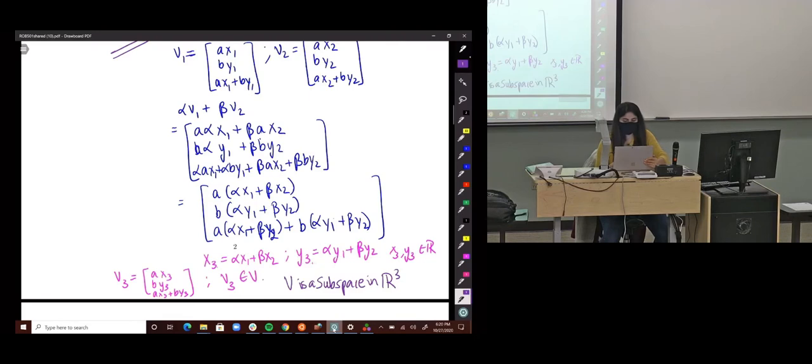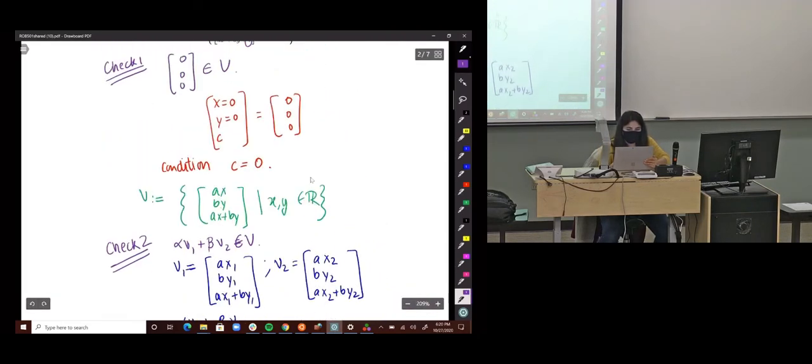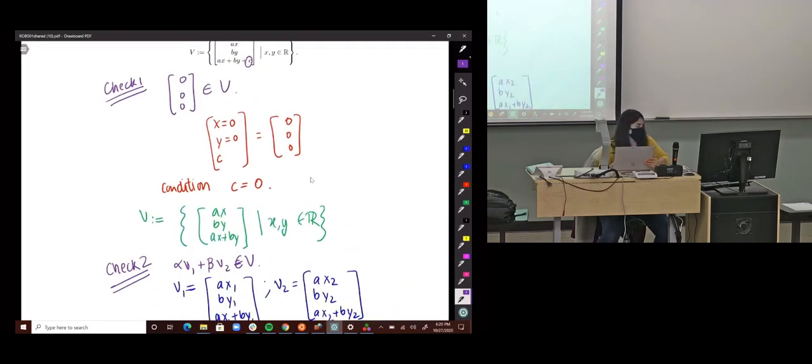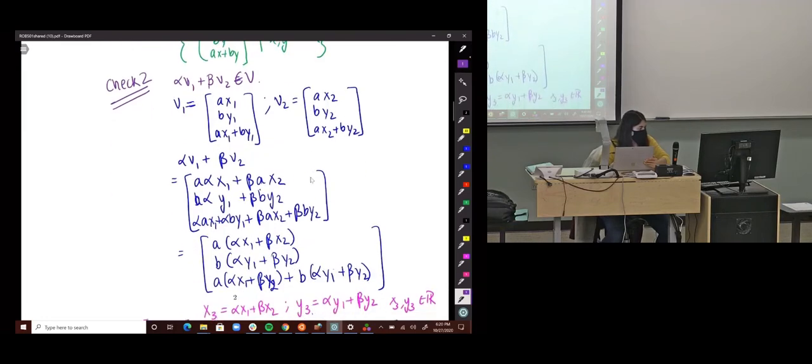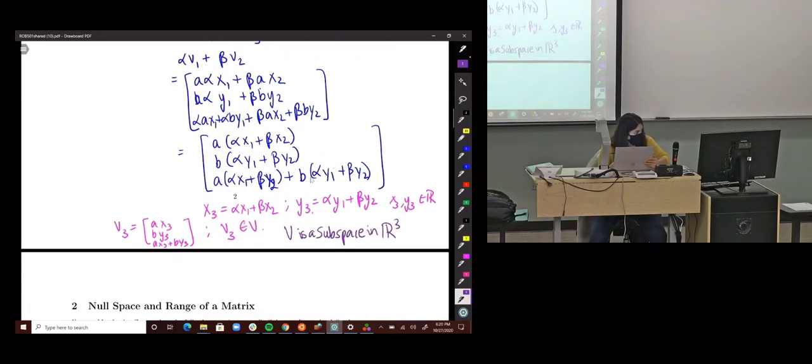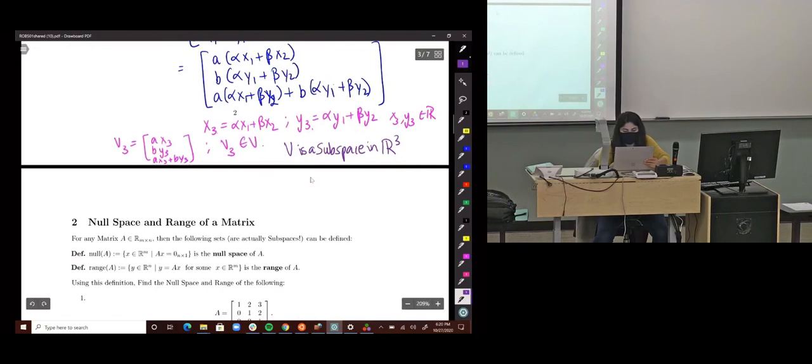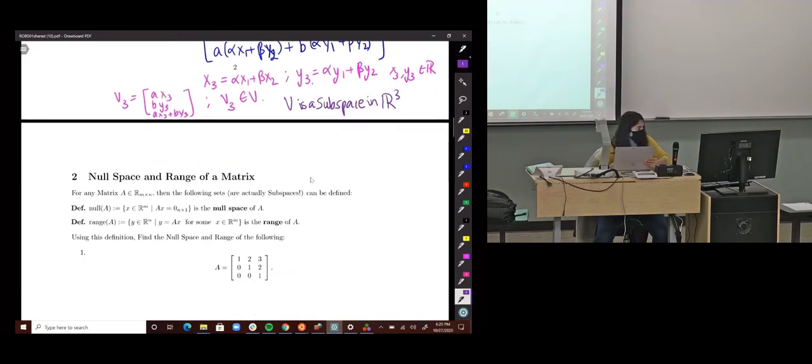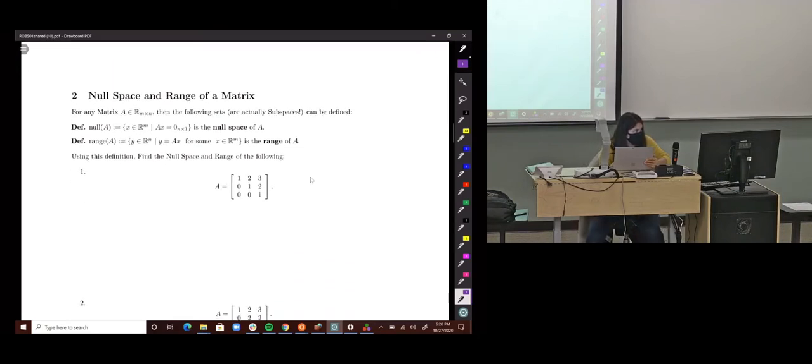So that's basically what a subspace in R3 will look like. Hopefully that was clear. If you have questions, put them in the chat, or you can just say them out loud.